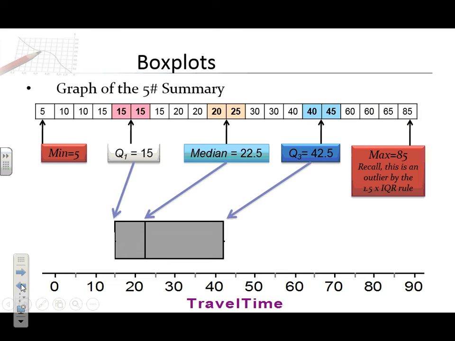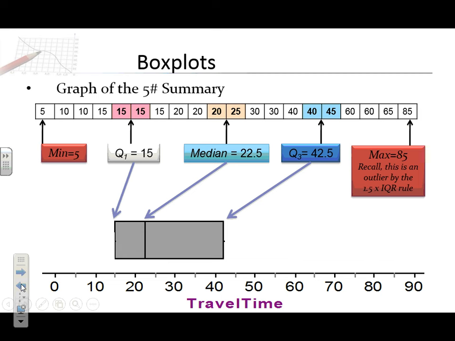So 15 for quartile 1, 22.5 for median, 42.5 for quartile 3. Create a box that goes around the quartiles. Now what this box is telling us is where that middle 50% of our distribution is. There's our IQR, right in the box here.